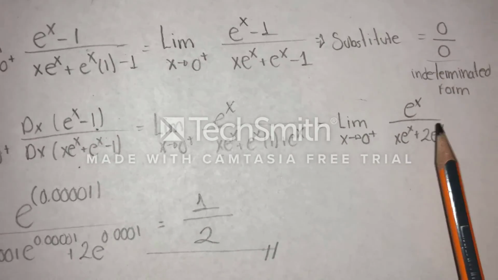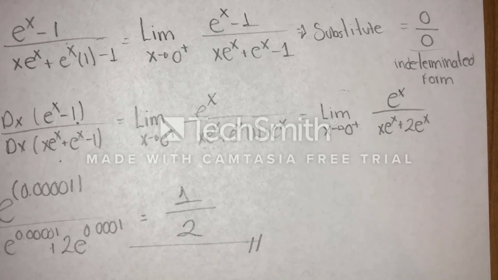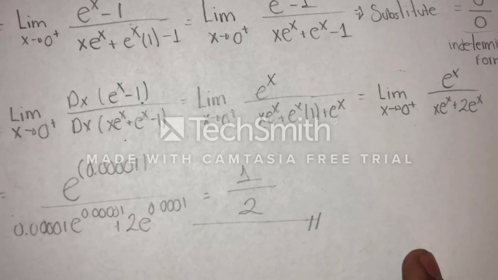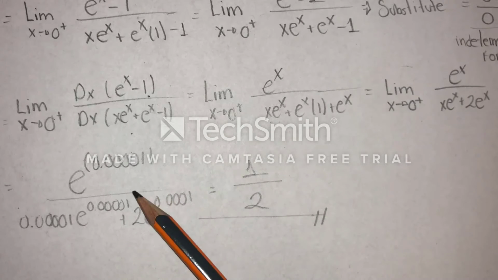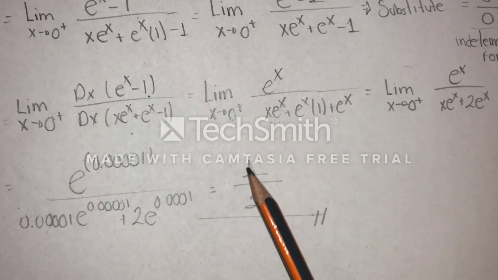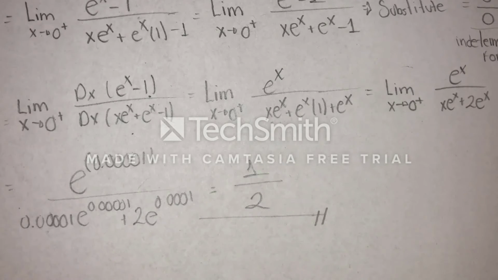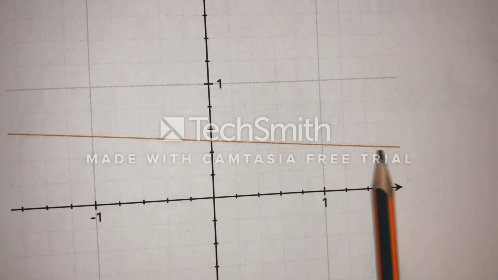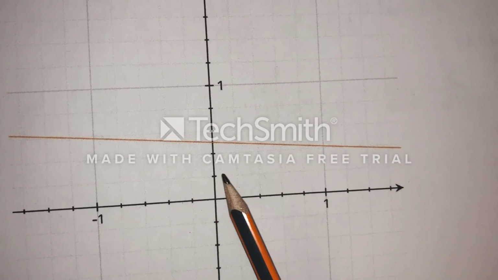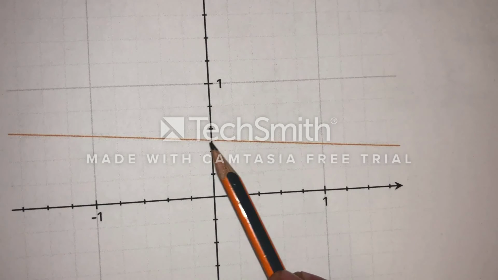We simplify and it gives us e to the x over x e to the x plus 2e to the x. So now we can substitute close values, and we get that it goes to 1 over 2, which is 1/2. And if we see its graph, which is this one, we see that when the graph approaches 0 from the right, it goes to 1/2, which is this value.